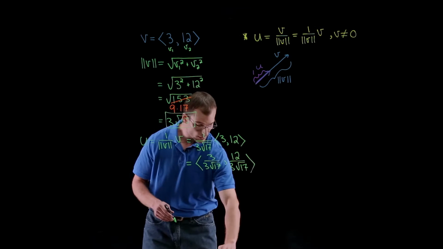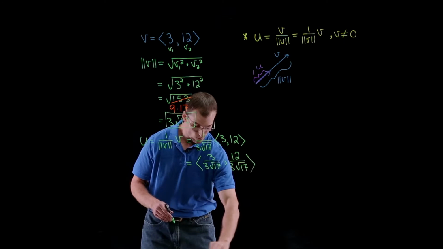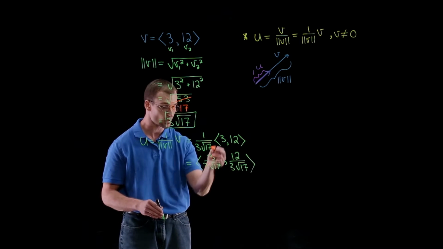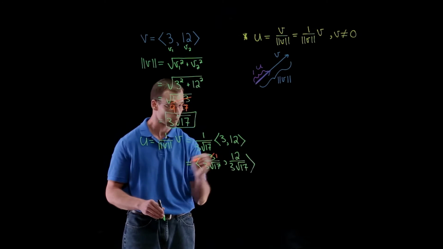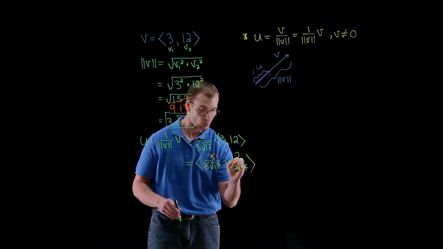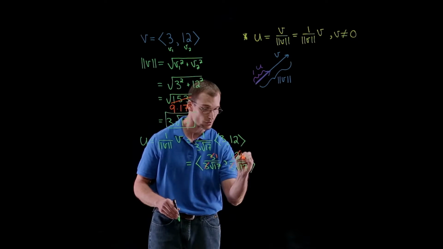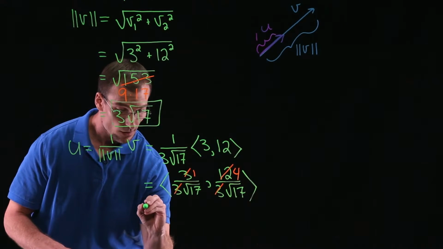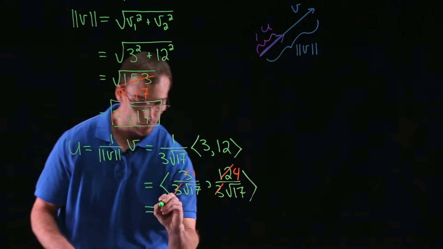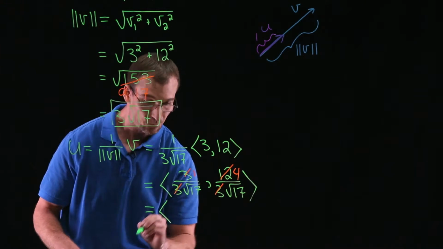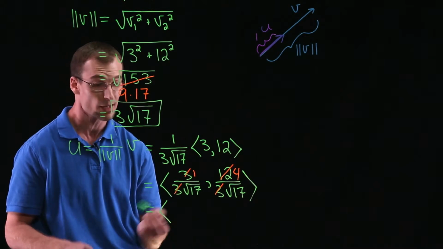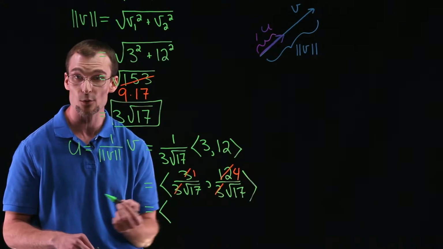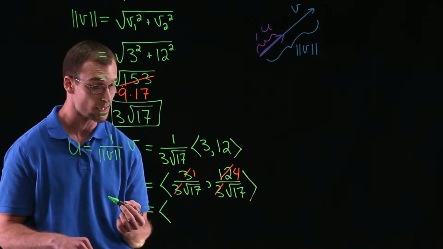Okay, and we can clean this up a little bit. Our 3's cancel, giving us just 1 over the square root of 17. And our 3 will divide into 12, giving us 4 over the square root of 17. We can leave it like that, but we'll clean it up one more step by rationalizing our denominator, multiplying top and bottom of each component by the square root of 17 over the square root of 17.